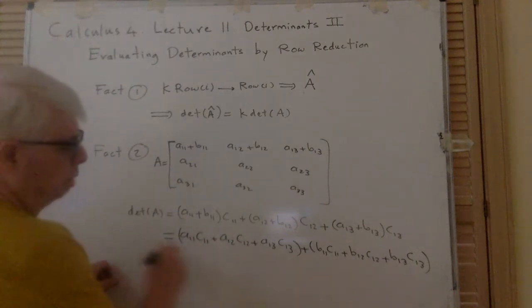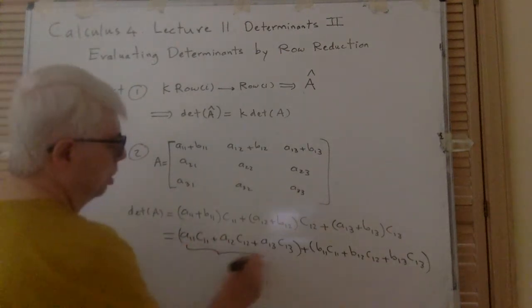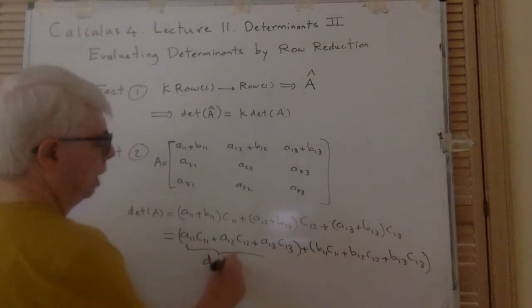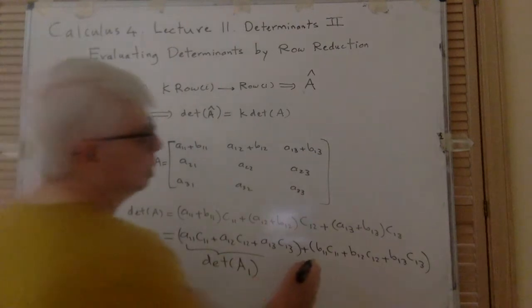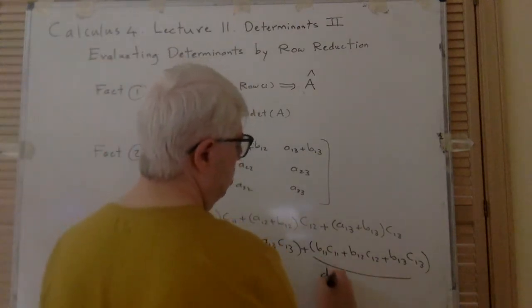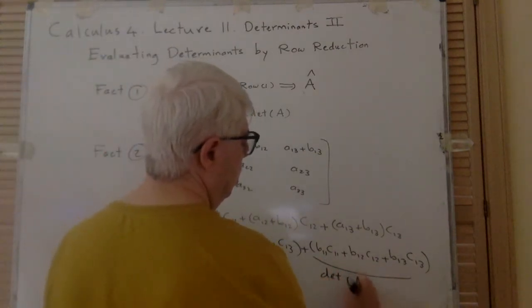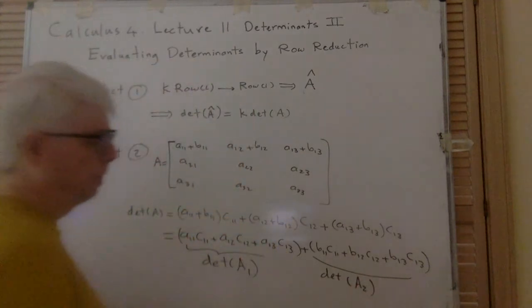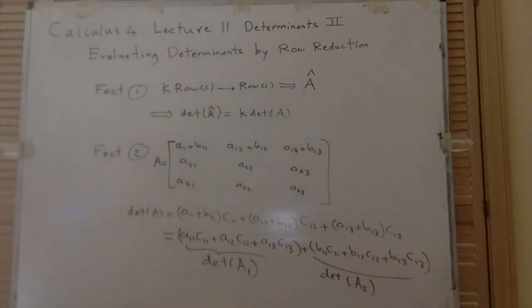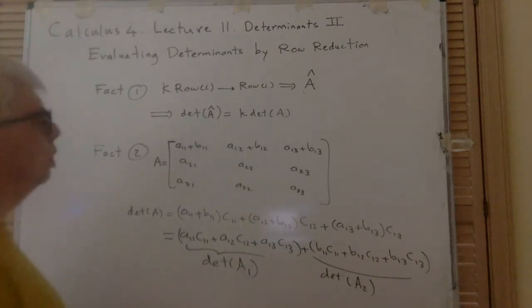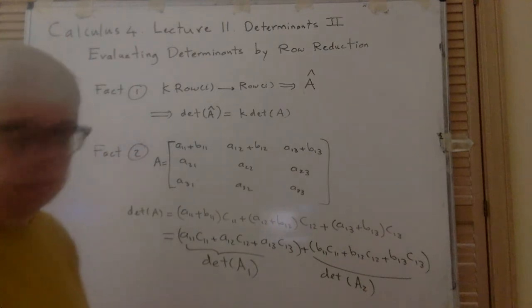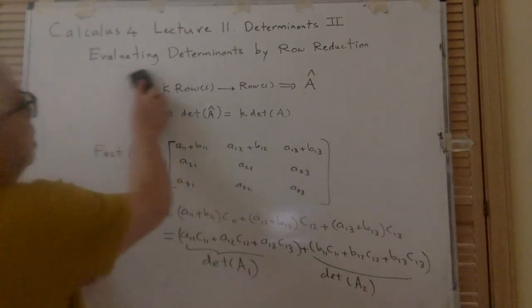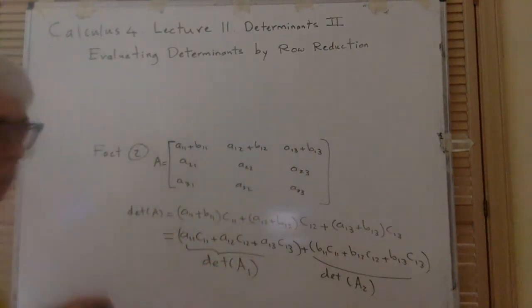This is the determinant of some matrix A1, and this is the determinant of another matrix A2. But what are A1 and A2? Let me erase this and write A1 and A2 for you.